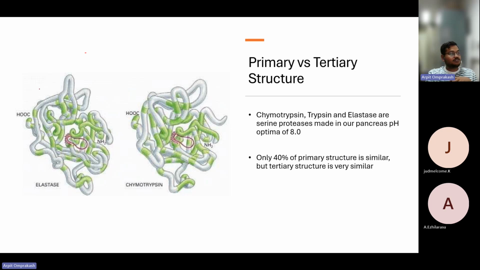So the tertiary structure of both of these is very similar. Only 40% of their primary structure is similar, but their tertiary structure is very similar, including this site where the processing of things would be happening. Right, the active site.